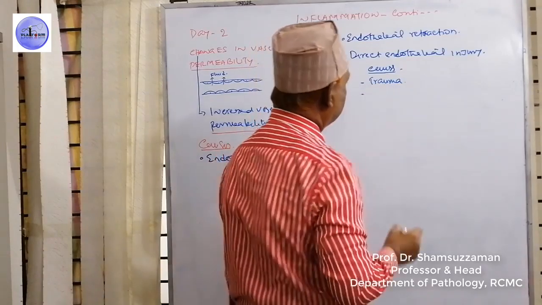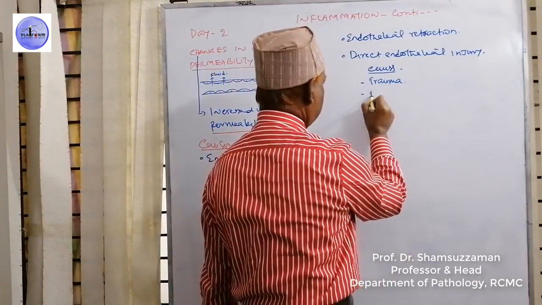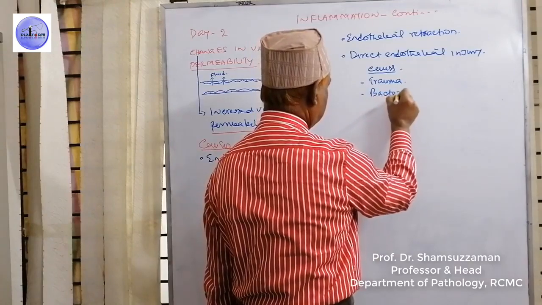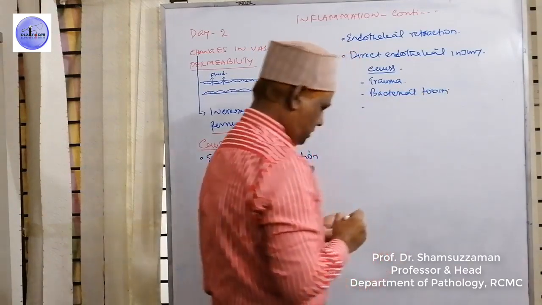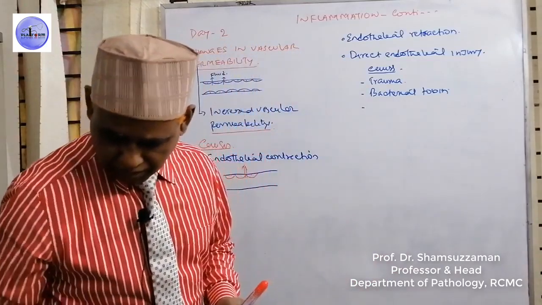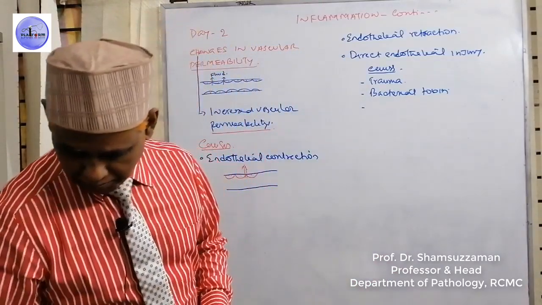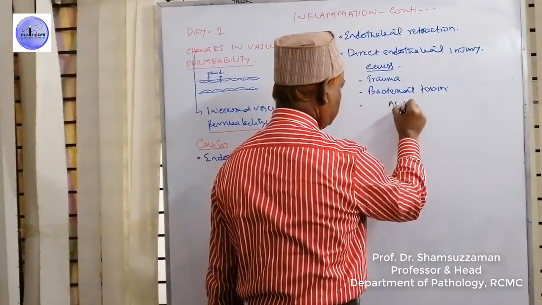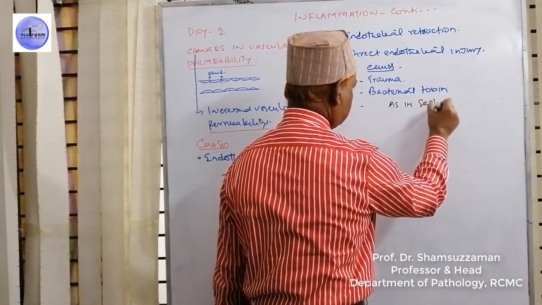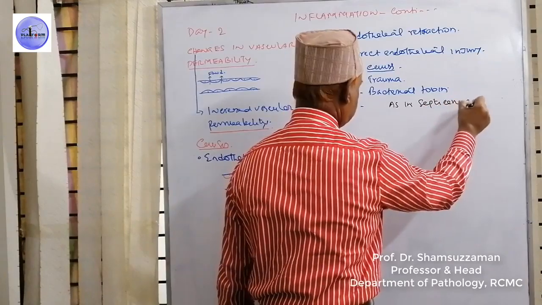Trauma may cause direct endothelial injury. Bacterial toxin, like in septicemia.